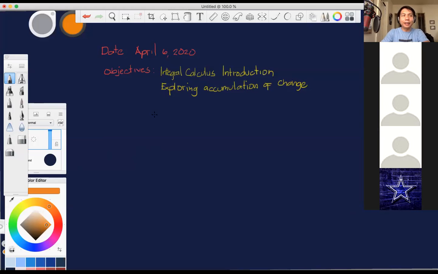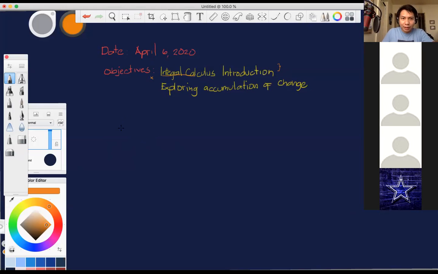Okay, guys, so let's begin. We're going to have an introduction first before we even begin with our main objective, which is the accumulation of change. Let's try first to have a little bit of an introduction of what integral calculus is.